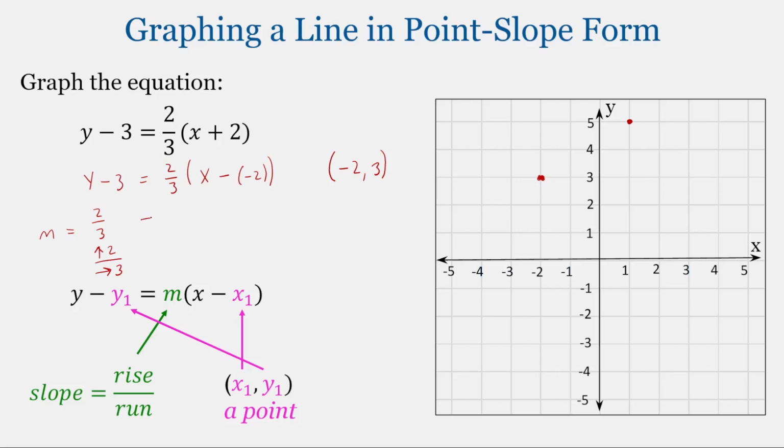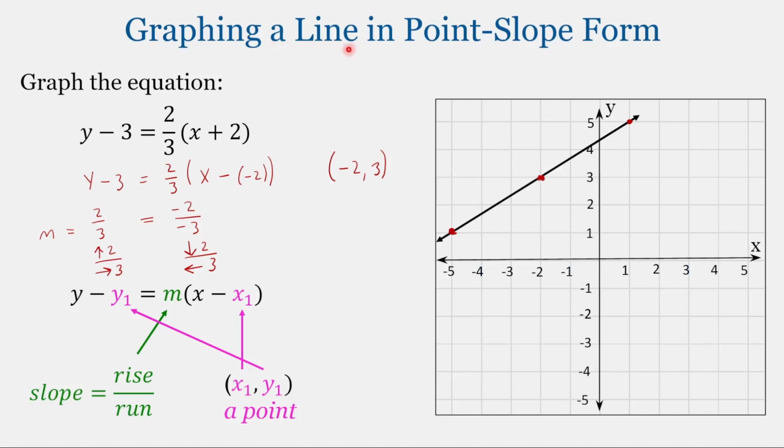Now we can also write 2/3 as -2 over -3. That means we can go down 2 and to the left 3. So down 2 to the left 3. We can connect those 3 points, giving us our line.